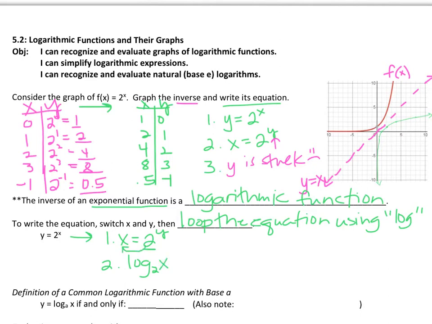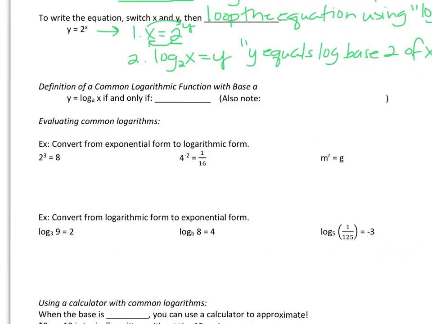So we write x in the same level as the log. Notice the 2 is a little subset number. Then it's going to equal the exponent y, and that's going to be on the same level as well. So we read this, y equals log base 2 of x. That's how you'd say that equation.